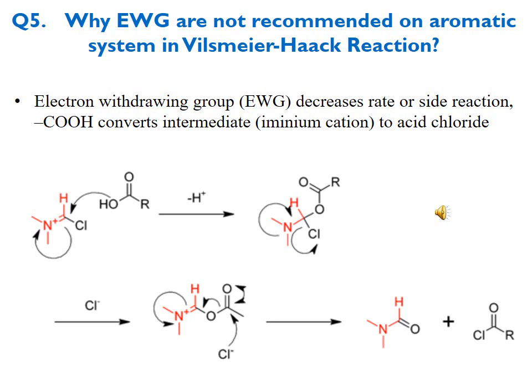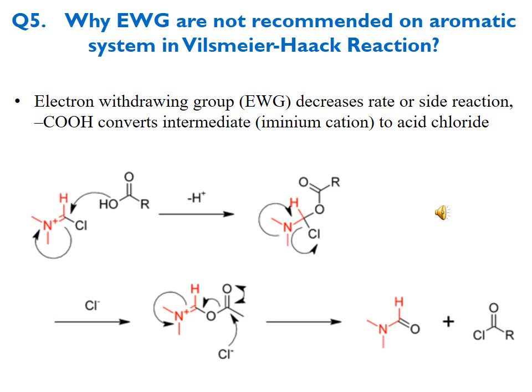If a carboxylic acid is present on the aromatic system, it can interact with the created iminium cation intermediate, and we get the amide, or you can say the formamide, along with the acyl halide, and thus we do not reach the desired product, which is the main function of the Vilsmeier-Haack reaction.